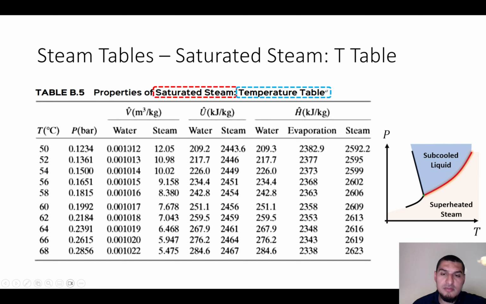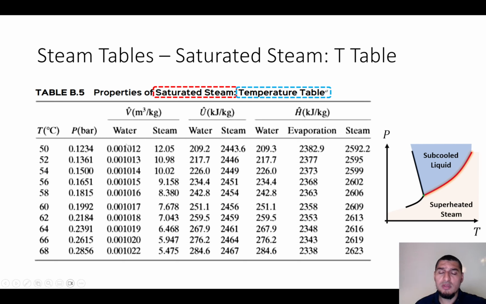And you see this is a very, very big difference here. This is 10 power minus 3, this is 12. So it's more than 1,000 times the value, or 10,000 even times the value of the specific volume here than here, because water is much more dense than the steam, so its volume per unit kilogram would be less than steam.